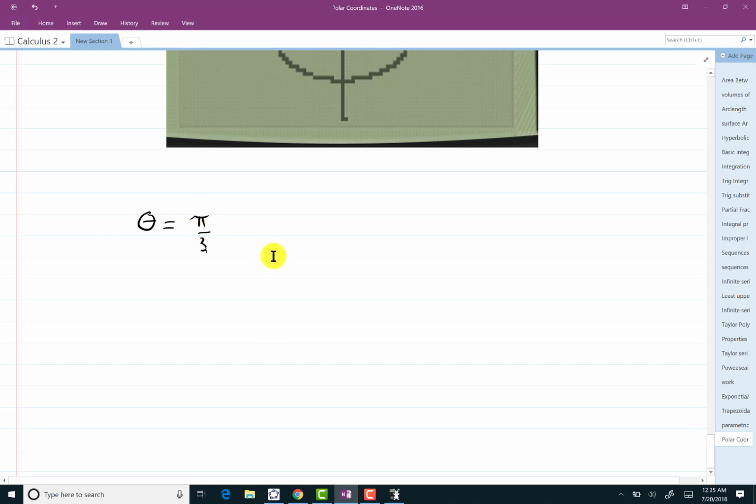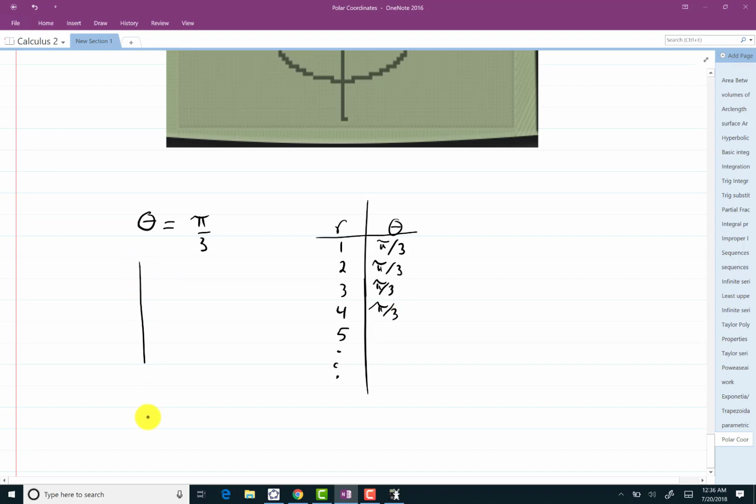Well, this is interesting then. If I make up a chart, I already have theta. If I call r 1, 2, 3, 4, 5, theta is always pi over 3, even for negative values of r. So what do you get?